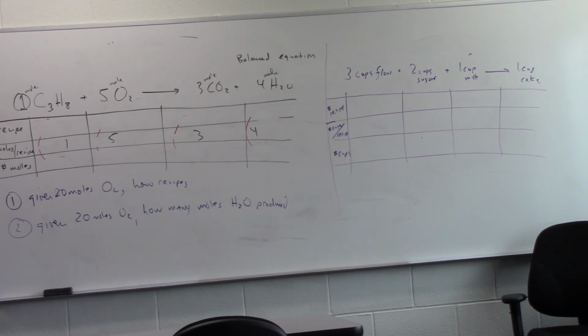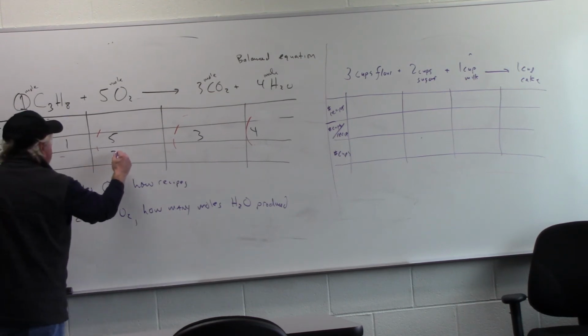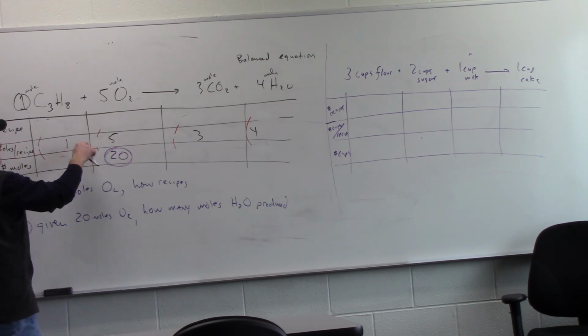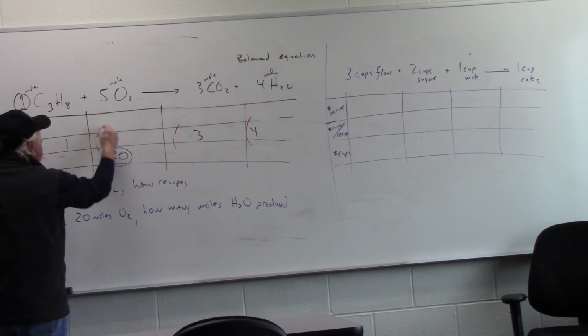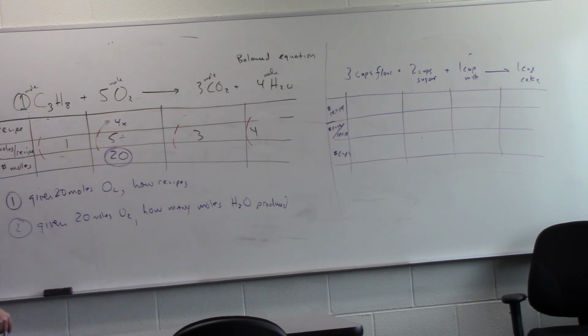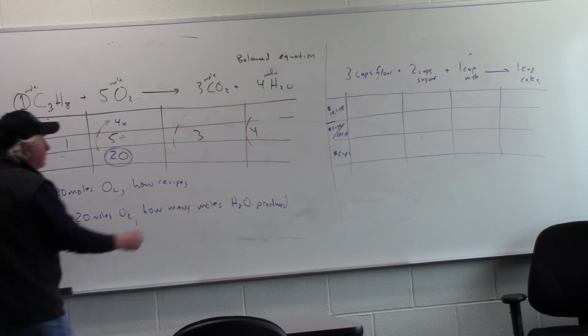So for the first problem, I start with 20 right here. Each recipe has 5, so I'm going to divide the 20 up into groups of 5. So I can do the recipe 4 times.